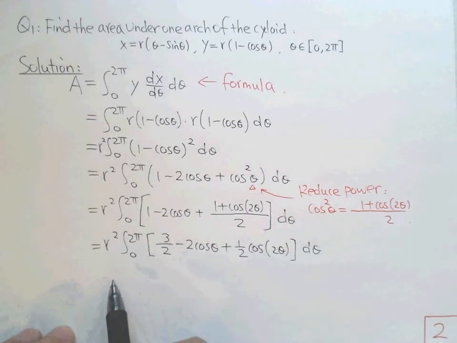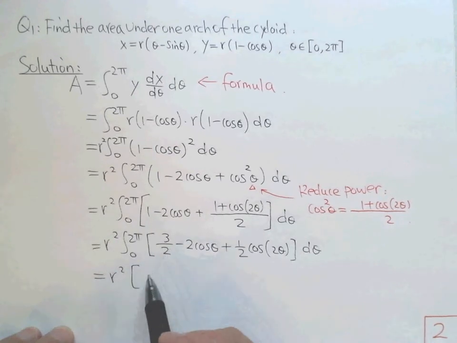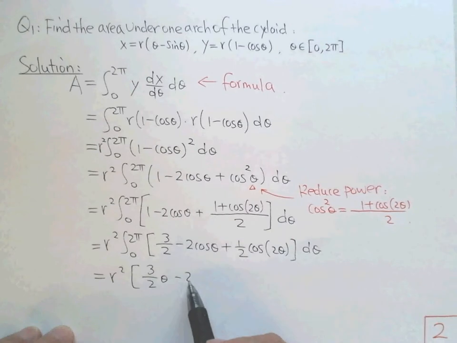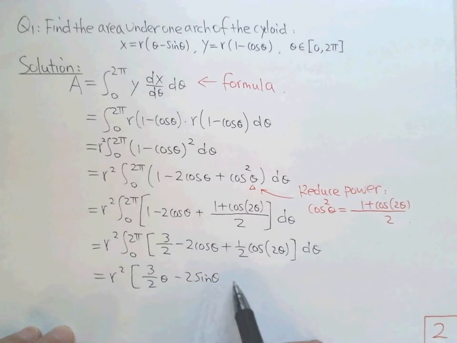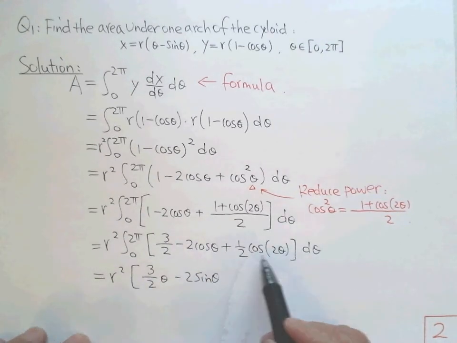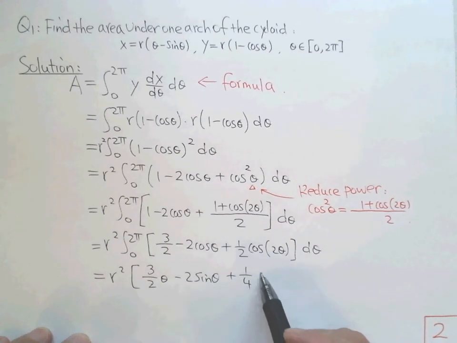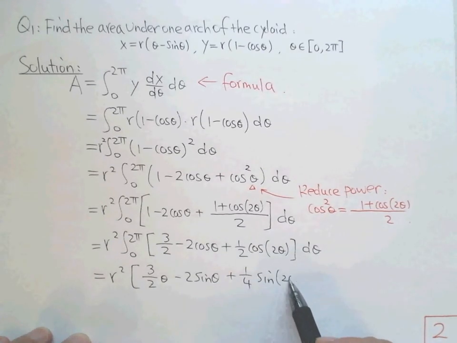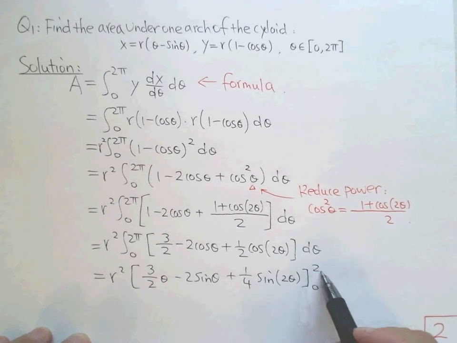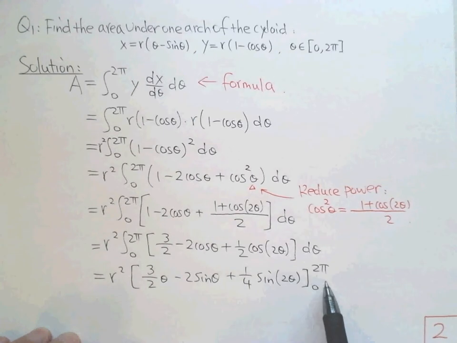Each one has an antiderivative. This is 3 over 2 times theta, and this is minus 2 times sine theta. However, this is a chain rule, so be careful: it should be 1 over 4 sine 2 theta, evaluated from 0 to 2 pi.